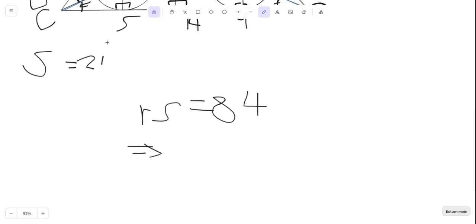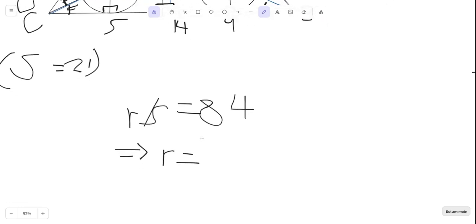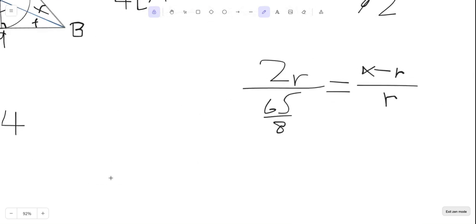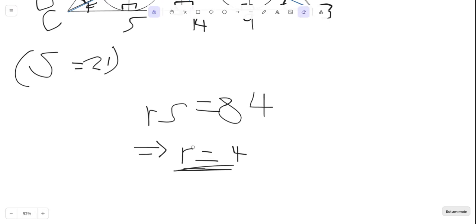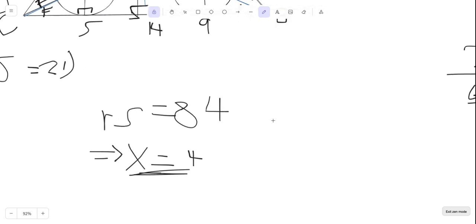So we would get x is 84 divided by 21, which is 4. And sorry, not R, it's X. This is the in radius. Make sure you don't make a mistake. You want the in radius of the bigger triangle, which we labeled as X.